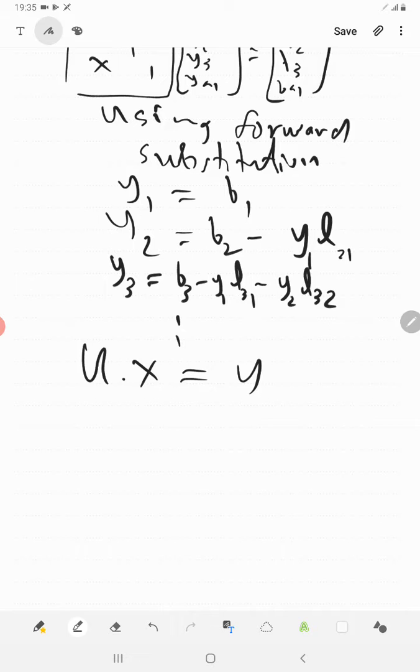Now for this one here, what we have is u11, u22, u33, and u44.